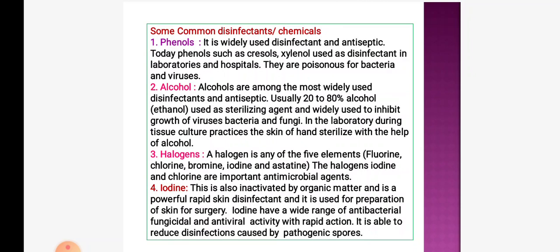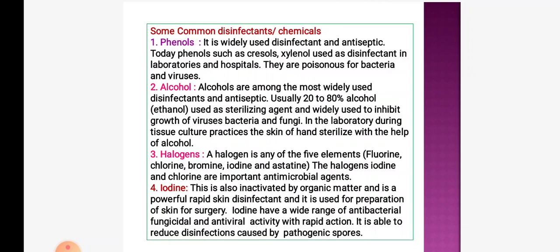The halogens iodine and chlorine are important antimicrobial agents used as disinfectants. Iodine is also inactivated by organic matter and is a powerful rapid skin disinfectant. It is used for preparation of skin for surgery.